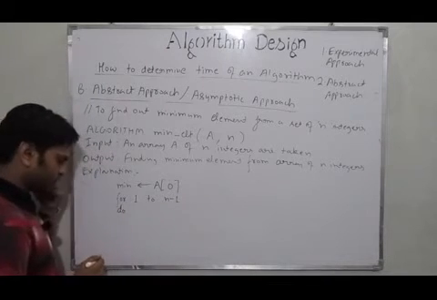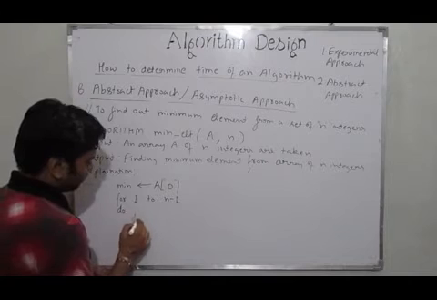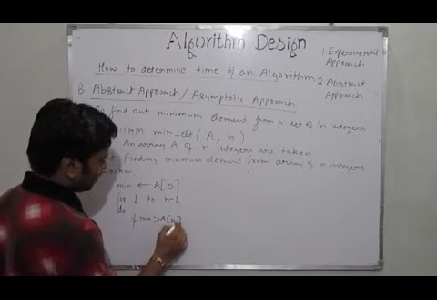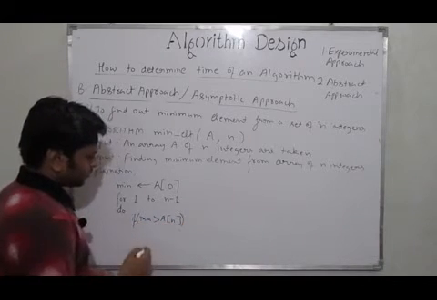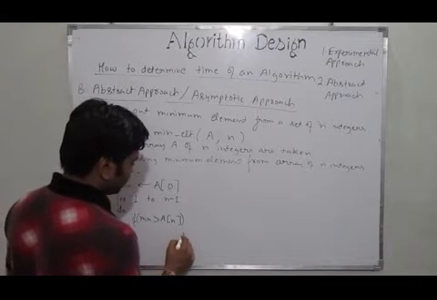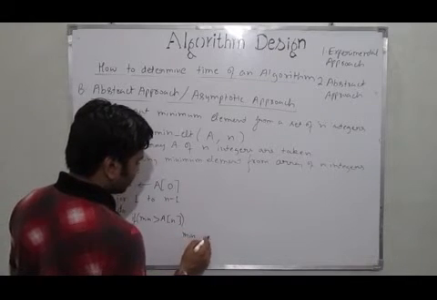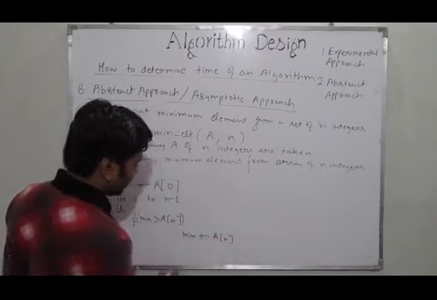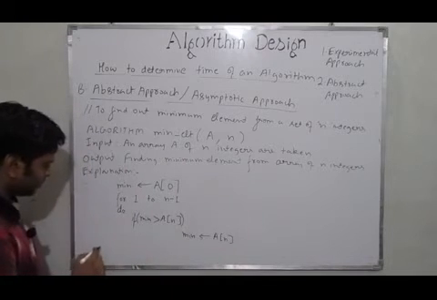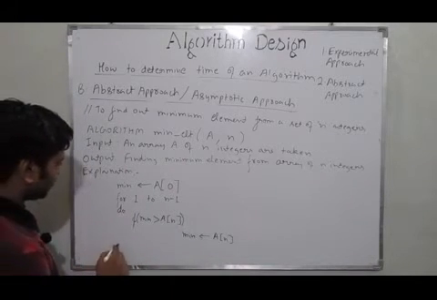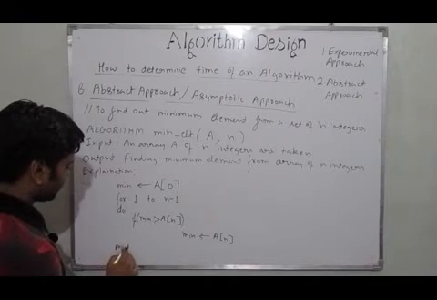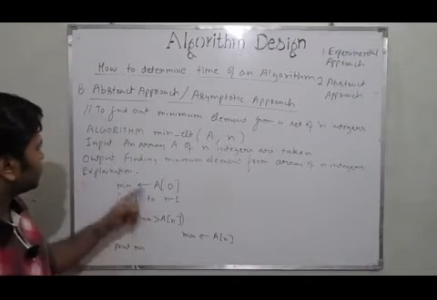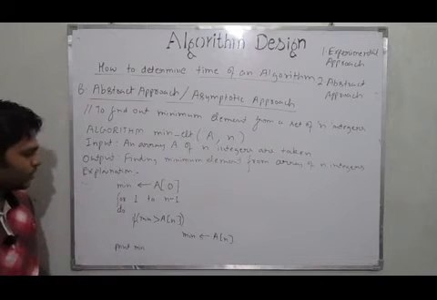So we have run the loop, do if minimum is greater than a[i], what we can simply do is make a[i] as minimum, and finally print minimum. So this is an algorithm. This is a pseudocode for the given problem.